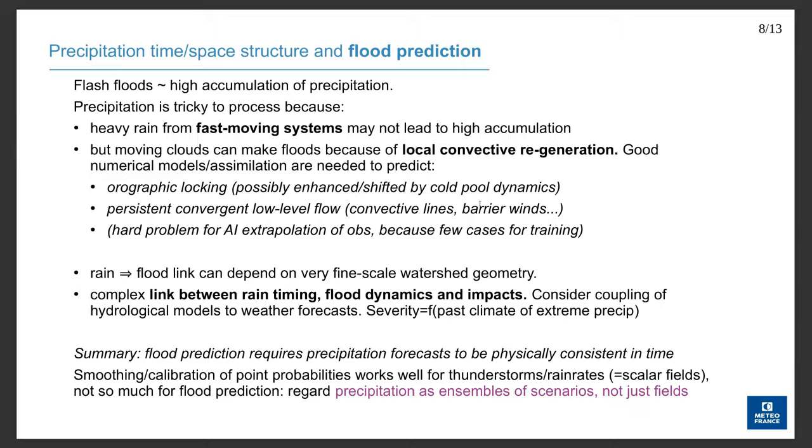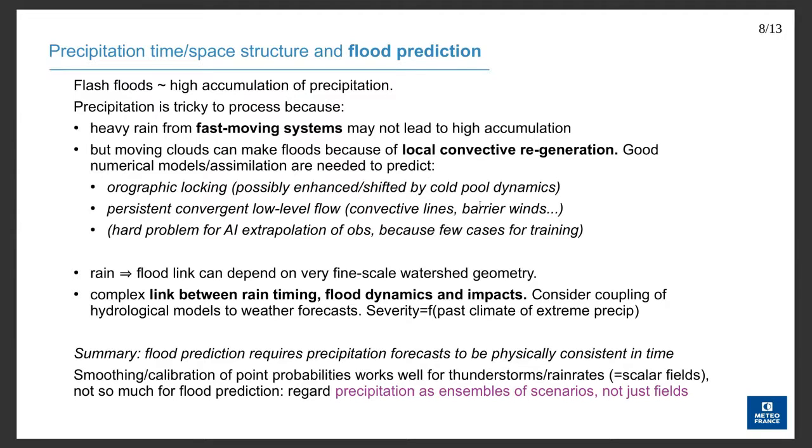On the other hand, you may have moderate precipitation coming from clouds that move, but they tend to repeat themselves over the same places because of what we call convective regeneration, which is often linked to orography or convergence lines. So it's important to assess the flood risk in terms of rain accumulation using a model that's as physically realistic as possible, so that it represents these processes.